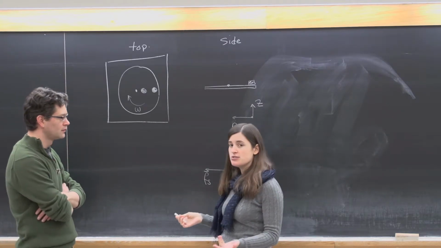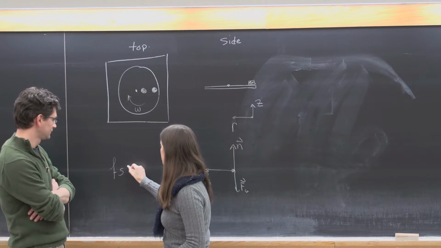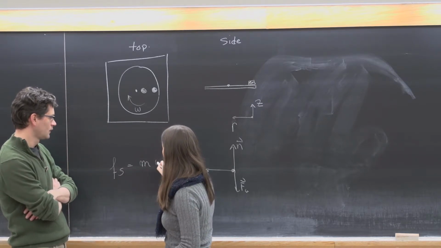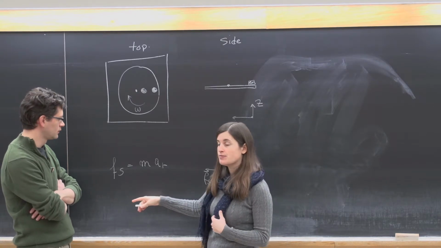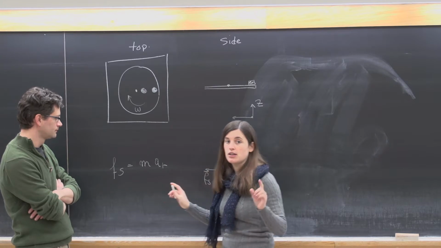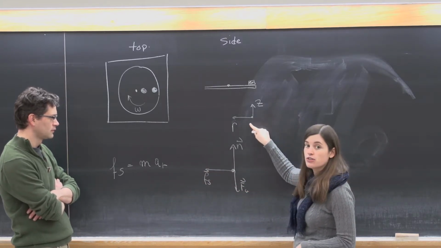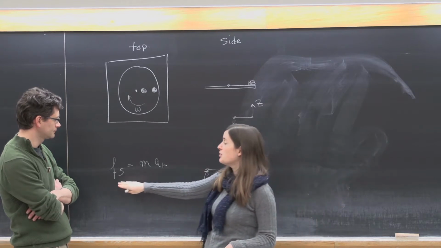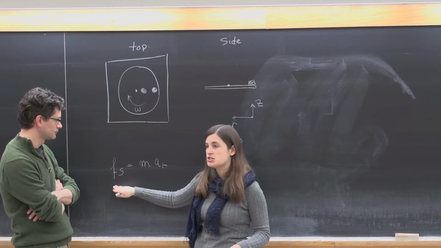Well, let's see. If I use Newton's second law, I can write that the friction force is equal to the mass times the centripetal acceleration. Note that this is Newton's second law along the radial direction. And since there is no other force than the friction force, that's all I have on this side of the equation.